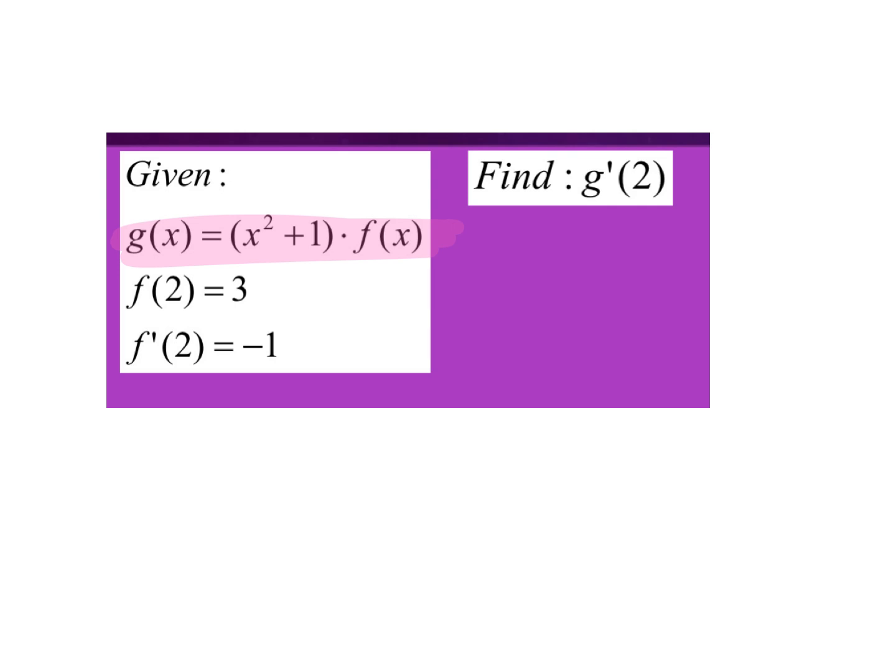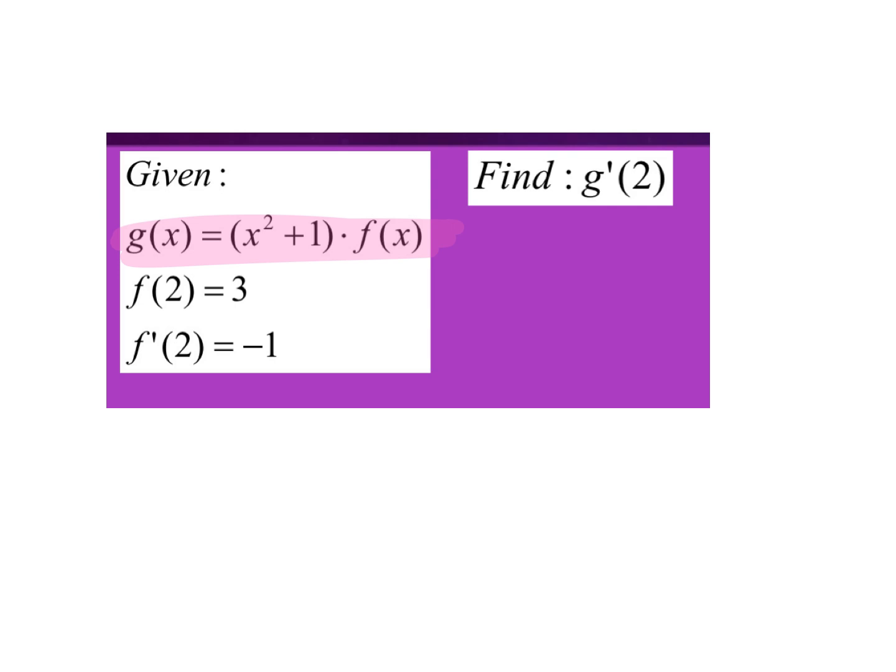Not yet, because we don't know what g of 2 would be, so we can't just plug in 2 into the x's and we have f of 2. So we can't just plug in the 3 right away.